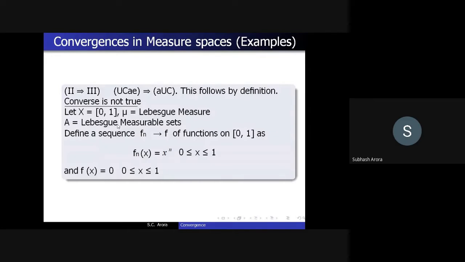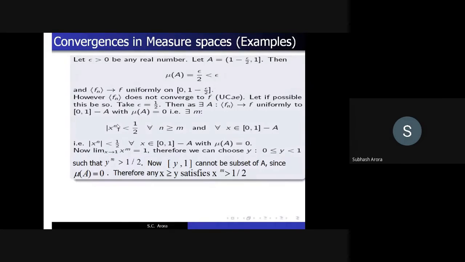No, it would be 0 for x greater than or equal to 0 and strictly less than 1, and it would be 1 at x equal to 1. So this means that on the whole interval [0,1], leaving the point 1, fn(x) is converging to f(x).